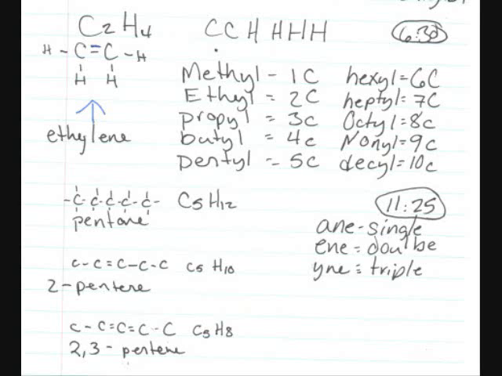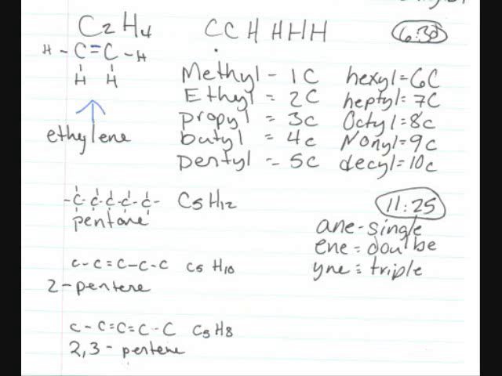in problem number 2, we had this, C2H4. That is the molecular formula for an organic molecule. How do I know it's an organic molecule? Because it's got carbon. If it's carbon, it's organic.